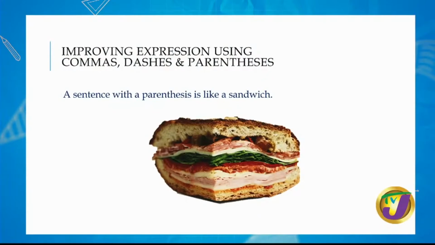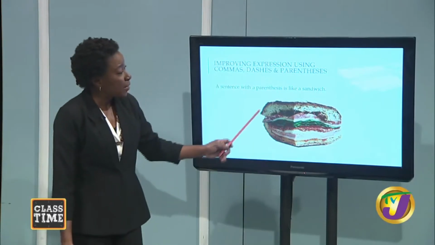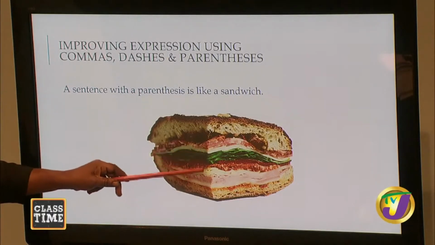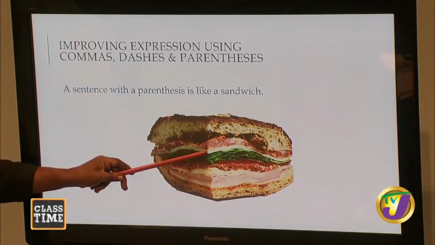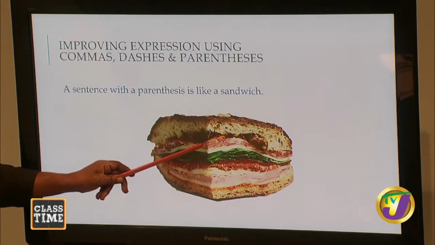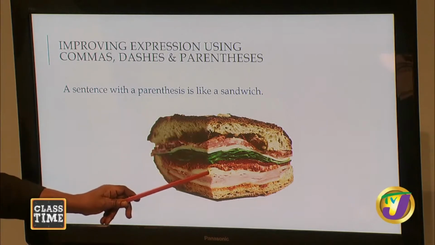A sentence with a parenthesis is like a sandwich. It's like bun and then you add cheese. Okay then, you see this illustration? Hover over the bare sentence, the original, but look at the inside. You could add all kinds of different things to improve. So notice it's not just meat that is in this bread, and you have lettuce and some other things.